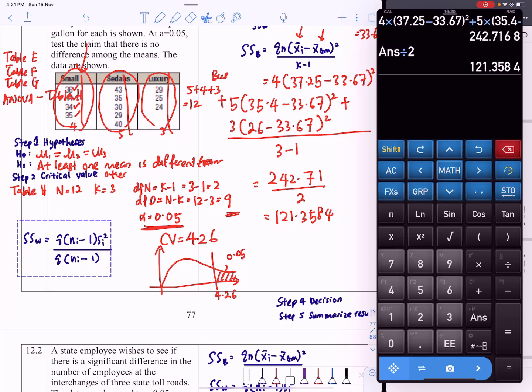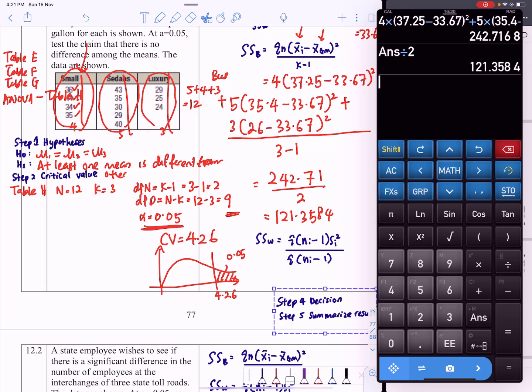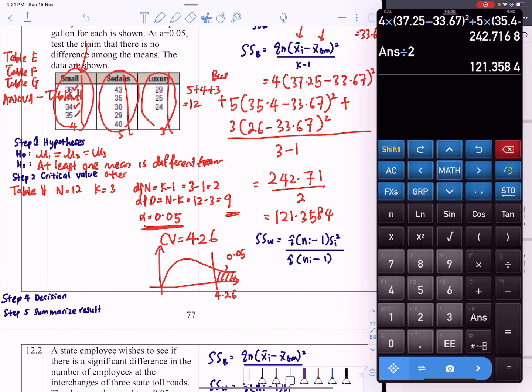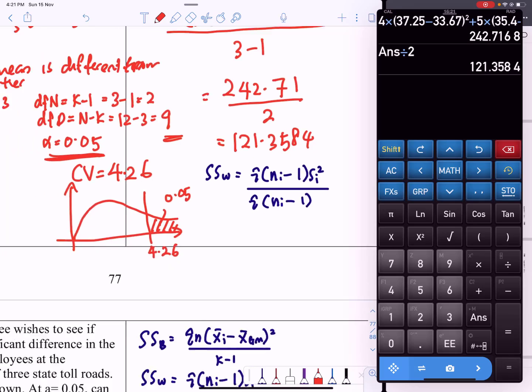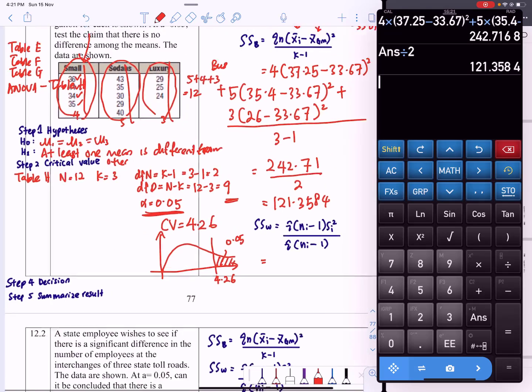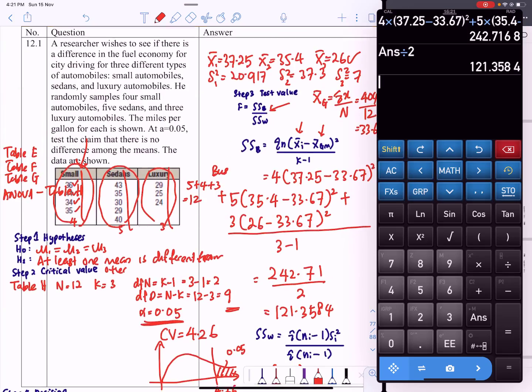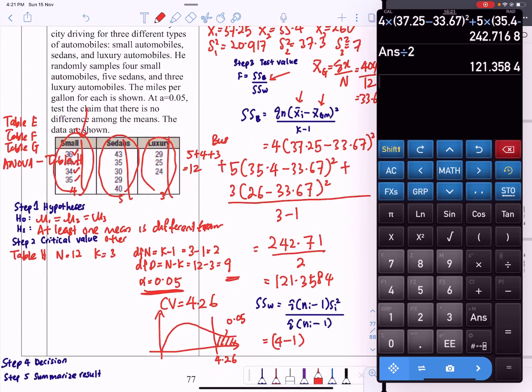Okay, now we do for this one. We need to, okay, n, the first n is 4 minus 1. What is the variance? Variance is 20.